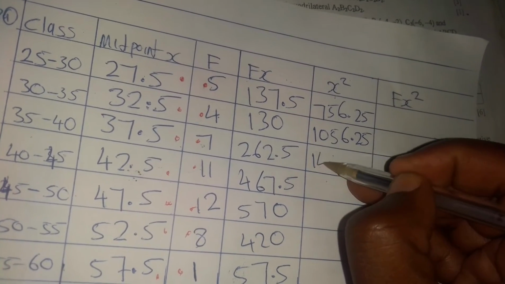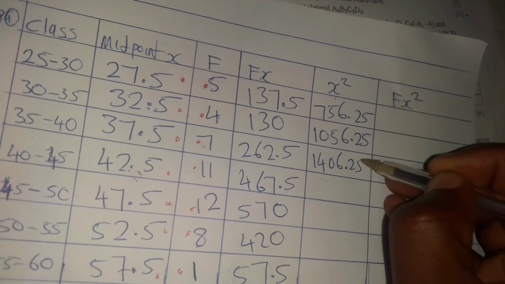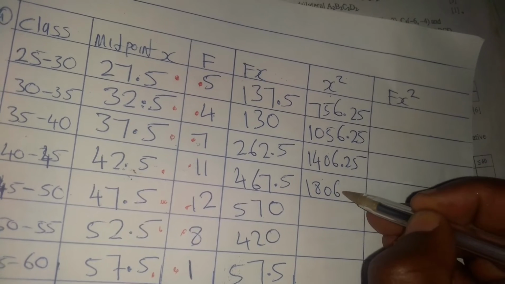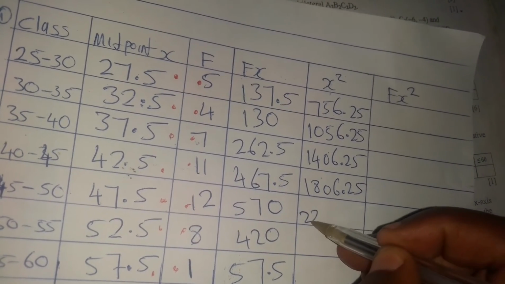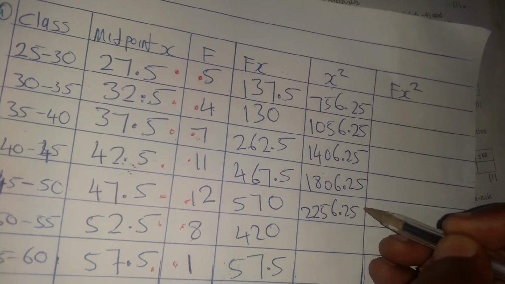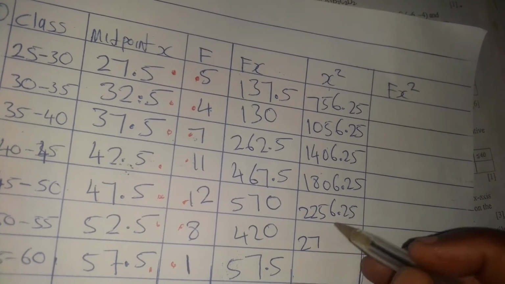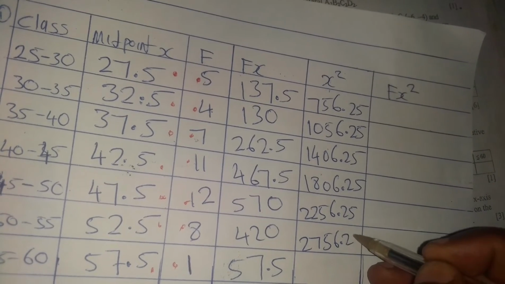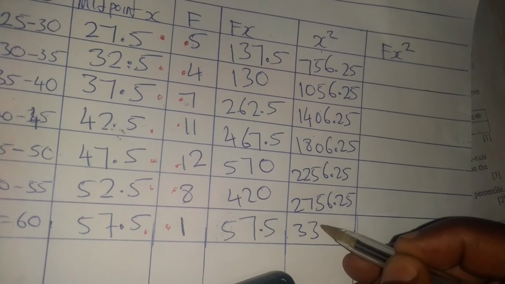So here you should be able to find this answer, and here this answer. Here you should be able to find this answer, and here the answer 2756.25, and here you should be able to get this answer.